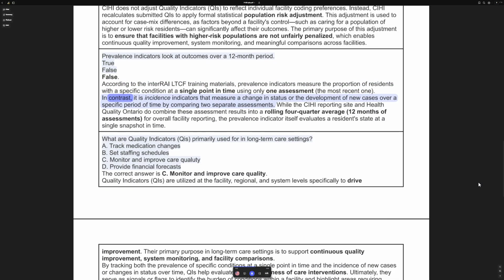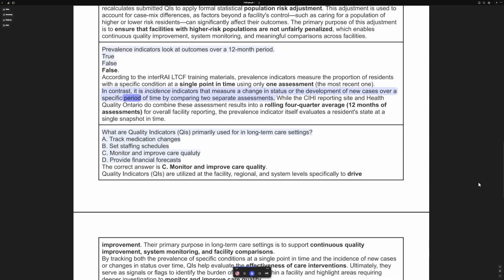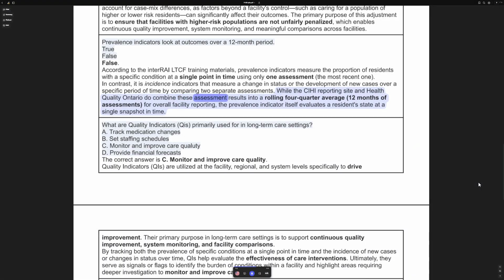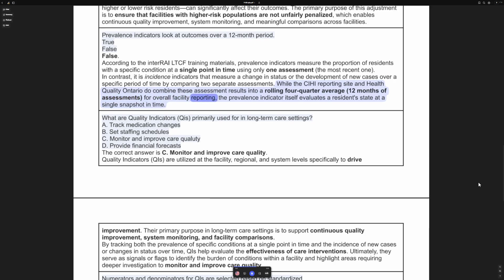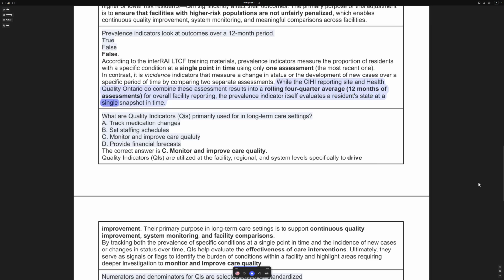In contrast, it is incidence indicators that measure a change in status or the development of new cases over a specific period of time by comparing two separate assessments. While the CIHI reporting site and Health Quality Ontario do combine these assessment results into a rolling 4-quarter average, 12 months of assessments, for overall facility reporting, the prevalence indicator itself evaluates a resident's state at a single snapshot in time.